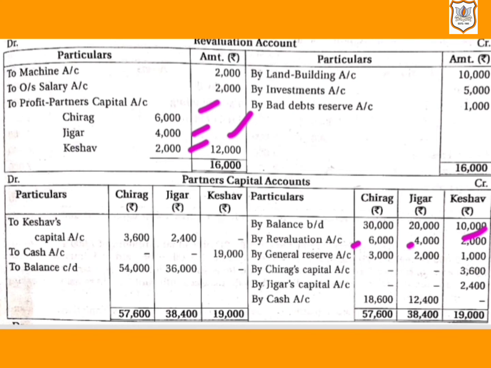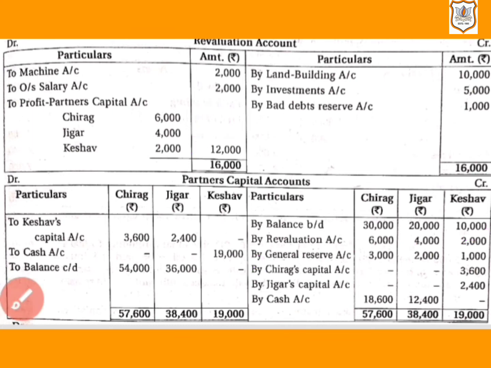So here first we will close retiring partner's capital account in order to find out the amount due to him which is to be paid in cash. So here if we close Keshav's capital account, we will find difference on debit side, that is rupees 19,000, which is the amount due to Keshav which will be paid in cash.